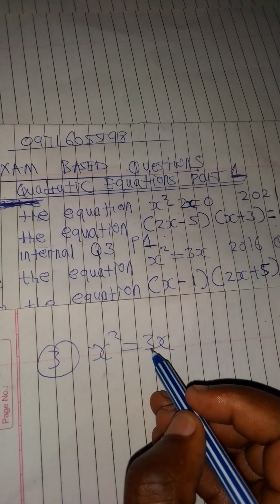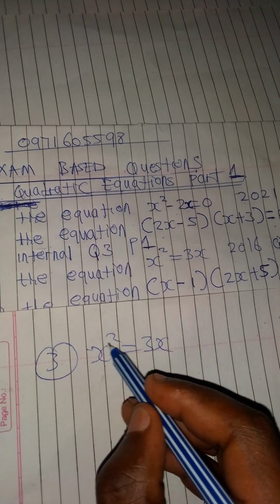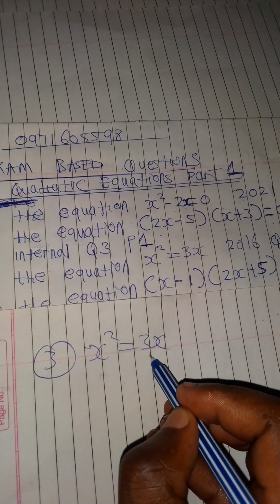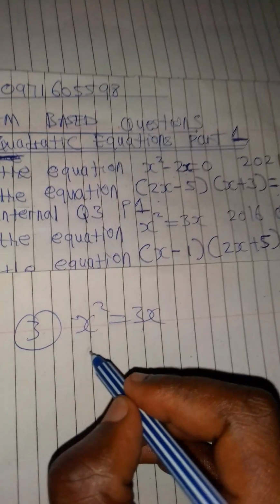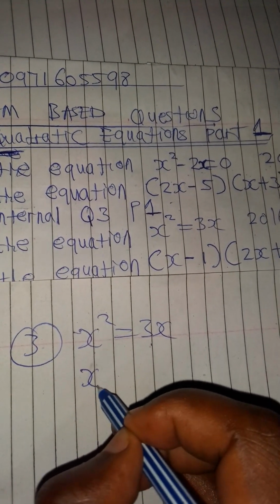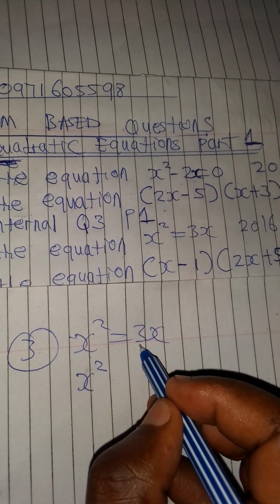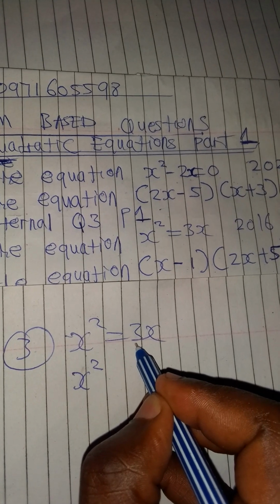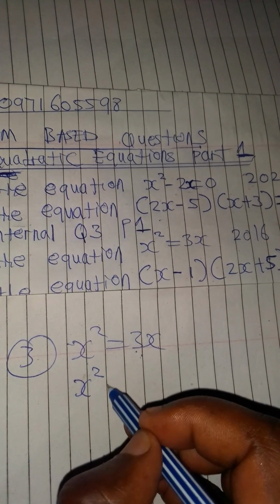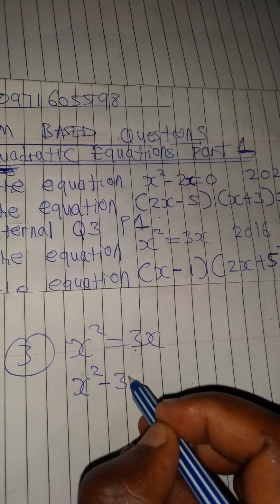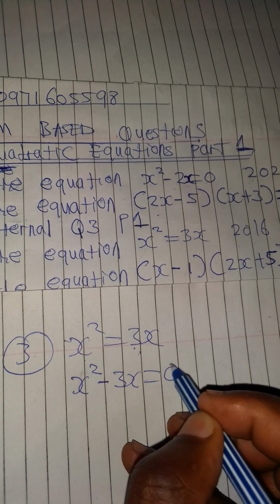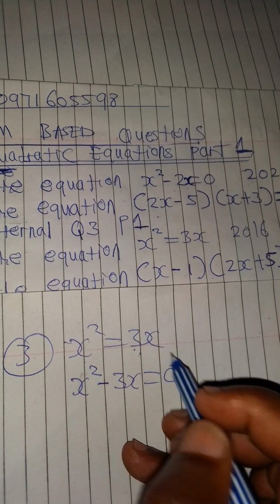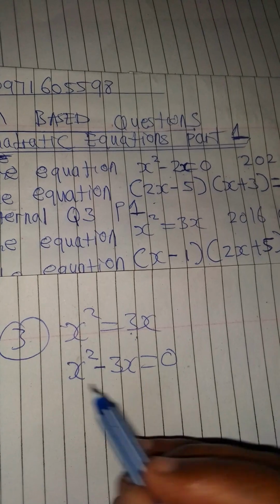So first of all, this 3x should go to the other side, so that what will remain here is 0. So we say x², then when this positive 3x goes to the other side, it becomes minus 3x equals 0. What will remain there is nothing, so it is 0.